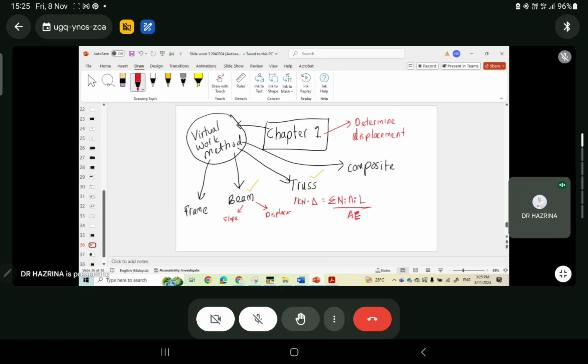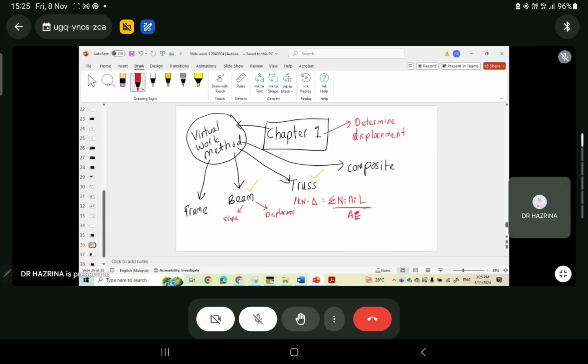So can anyone give me what is the equation needed to find the displacement in beam? Anyone? Shall I call the name? Displacement in beam.